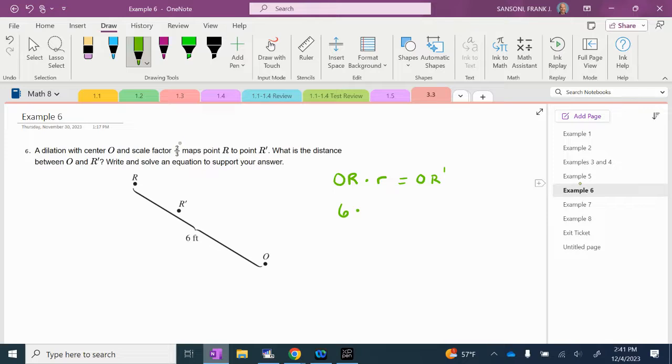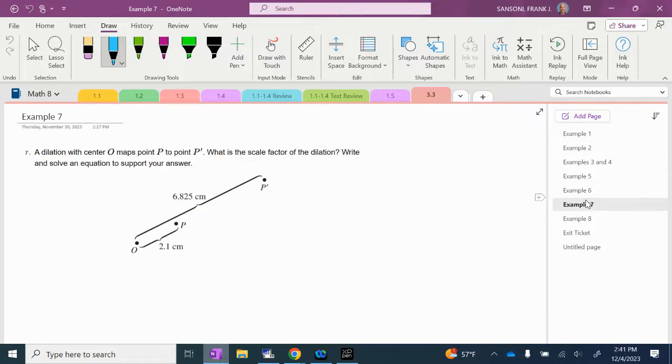What's the scale factor? 2/3. What's 2/3 of 6? 4. So this distance right here has to be 4, and they're talking about feet, which makes sense because that's there and that's there. So there's 2 feet, there's 4 feet. The whole thing was 6 feet. So the length of your image is 4. 2/3 of 6 is 4.